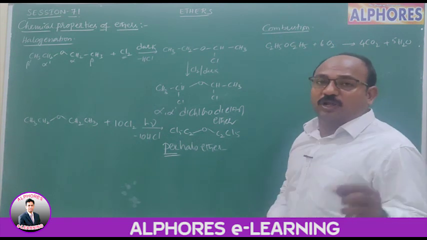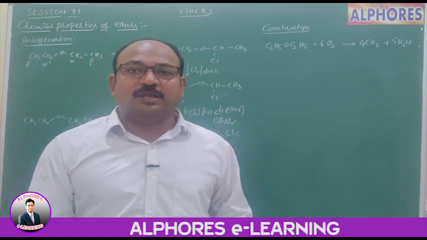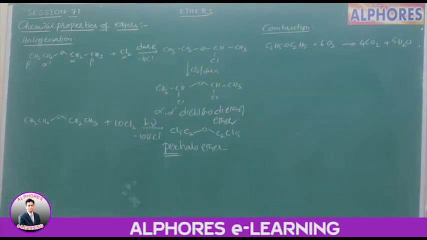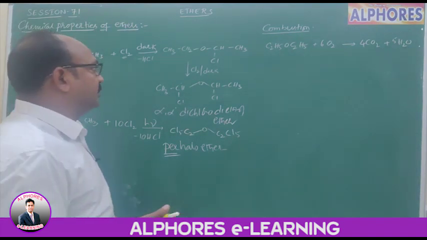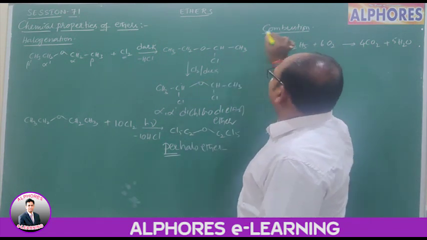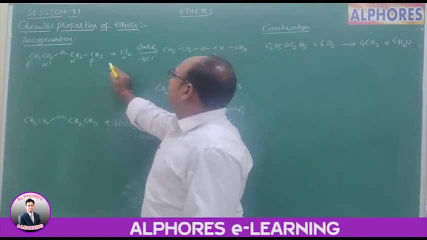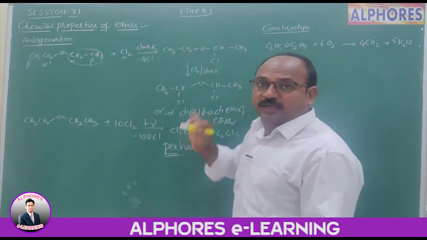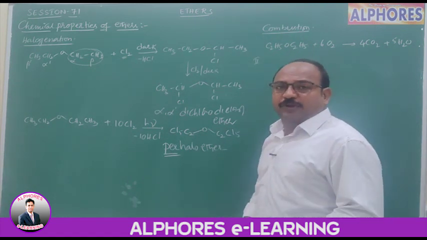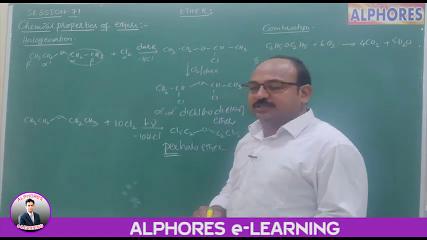So C2H5OC2H5, diethyl ether, undergoes combustion in presence of excess oxygen, giving CO2 and H2O. Total 4 carbon atoms, so 4 CO2. Total 10 hydrogen atoms, so 5 H2O. That is 8 plus 5, 13 oxygen atoms, but one oxygen is already in the ether, so 12 are required. So 1 mole of ether undergoes combustion with 6 moles of oxygen, giving carbon dioxide and water.